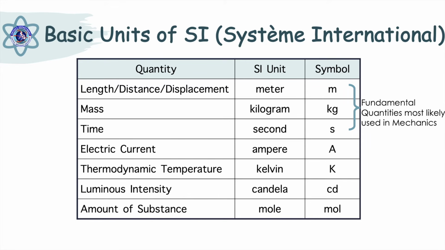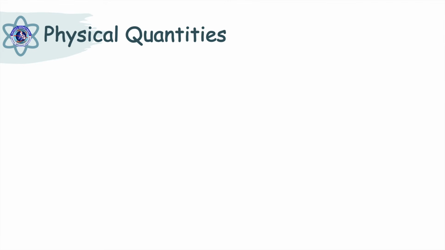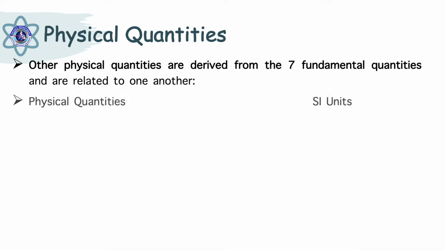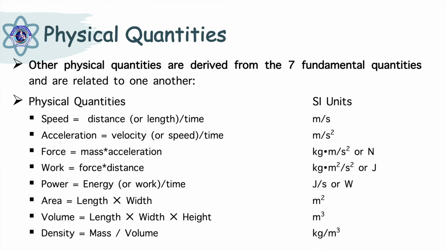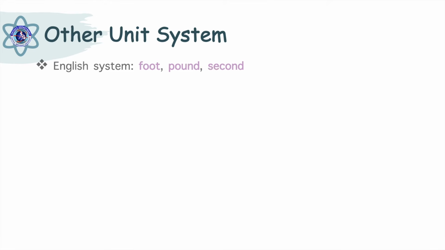So take note that these are the 7 fundamental physical quantities. The rest are derived physical quantities, and these are the following examples for that. And actually, there are too many to mention. Aside from the SI unit system, we also have what we call the English system, in which length is measured in foot, mass is measured in pound, and time in second.